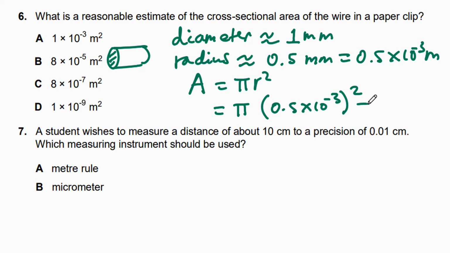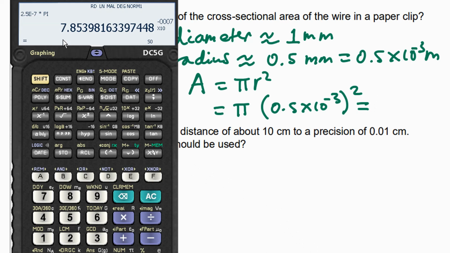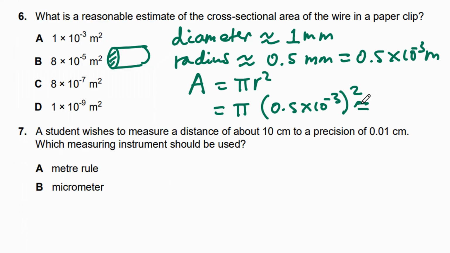And this comes to, on a calculator, about 8 times 10 to the negative 7. So approximately 8 times 10 to the negative 7 meters squared.